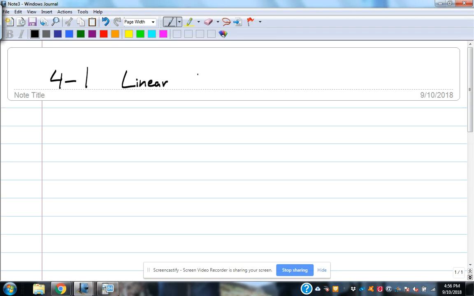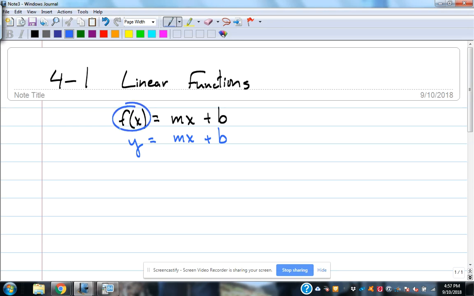So linear functions. Linear functions, normally written in this way. You may be more familiar with our old friend, y equals mx plus b. We usually use function notation f of x.